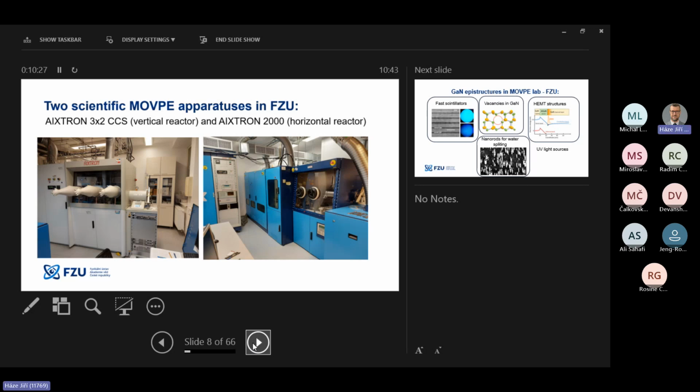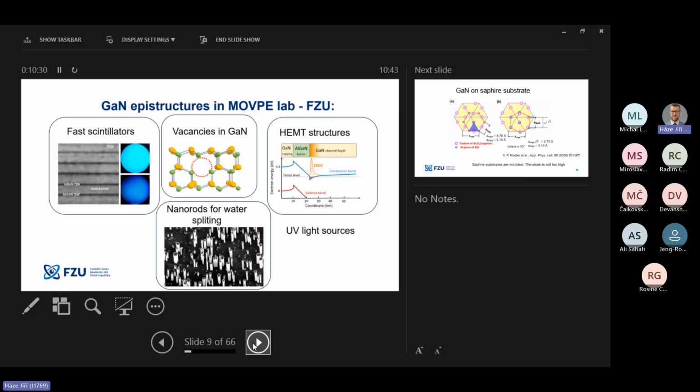properties. What we are doing at the moment, we have several scientific topics on which we are working. One is fast scintillators, where we have collaboration with Gritur company. Another very interesting one is vacancies in gallium nitride, indium gallium nitride, aluminum gallium nitride, and heterostructures. On this topic, we collaborate with the Faculty of Mathematics and Physics, and the samples are also measured at Rossendorf in Germany.